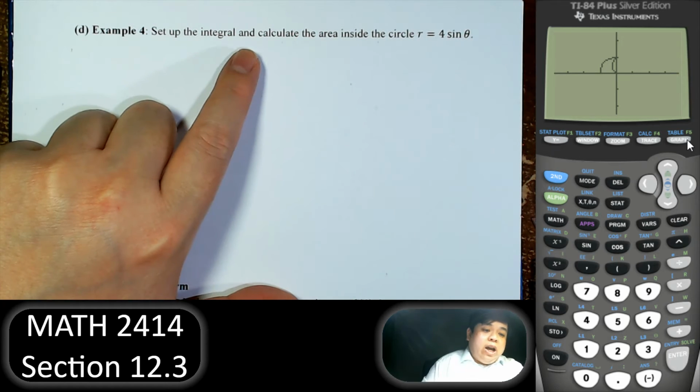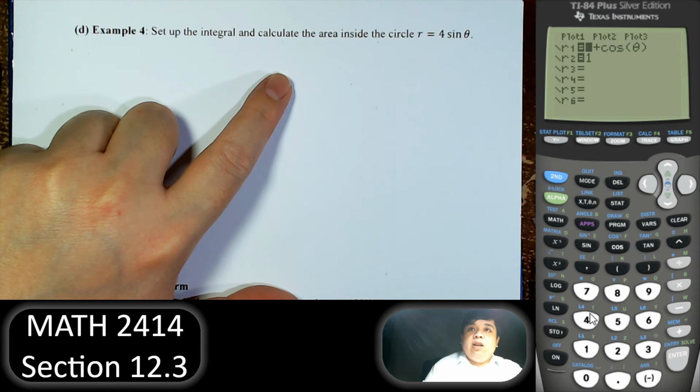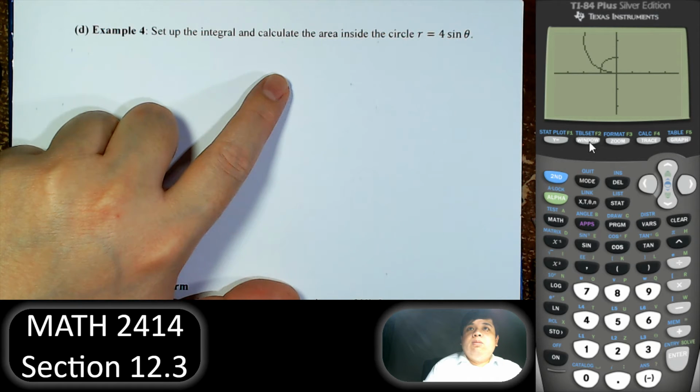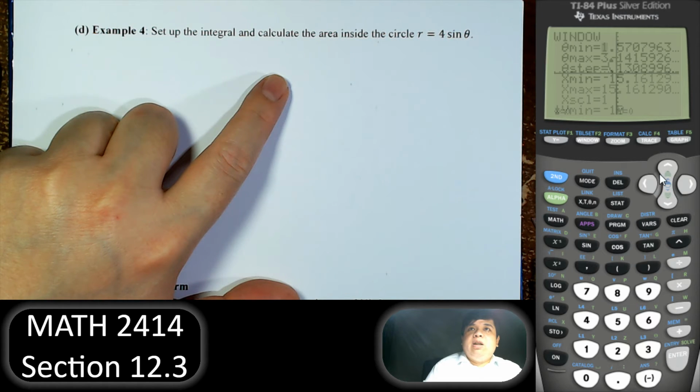Set up the integral to calculate the area inside the circle r equal to 4 sine theta. I need to clear this function. Okay, zoom out. Right, how about the limit here? Originally, let's just go from 0 to 2 pi.